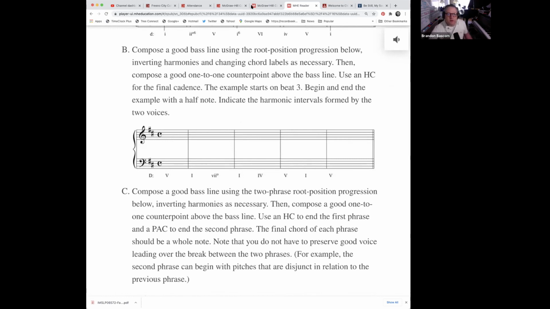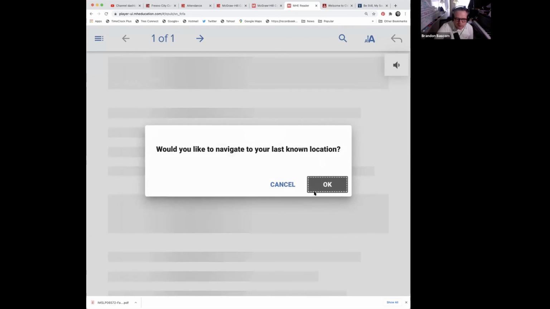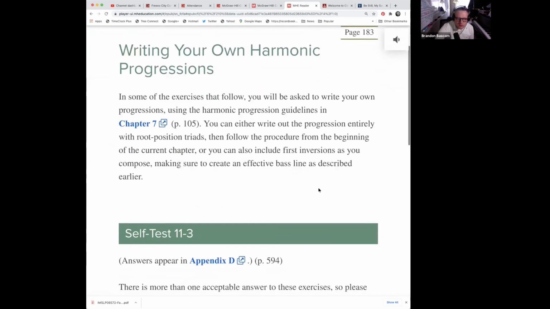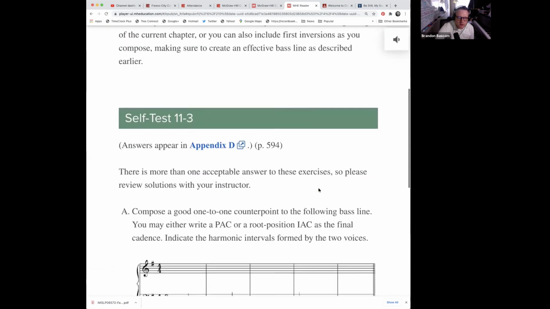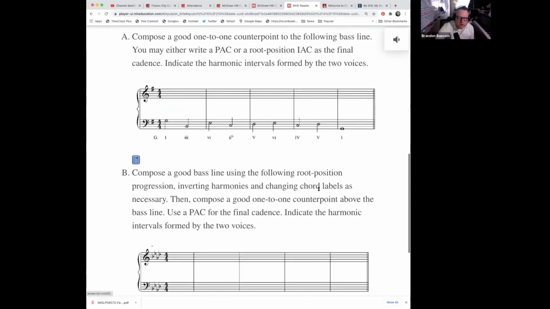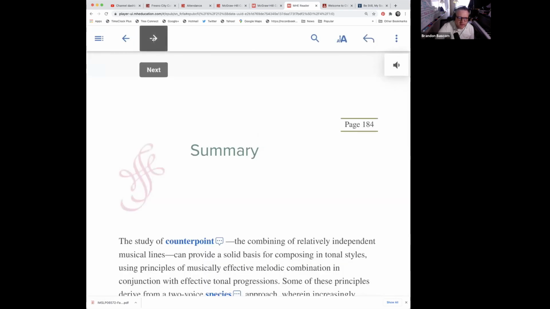So, all we have left is the next section, the summary here.